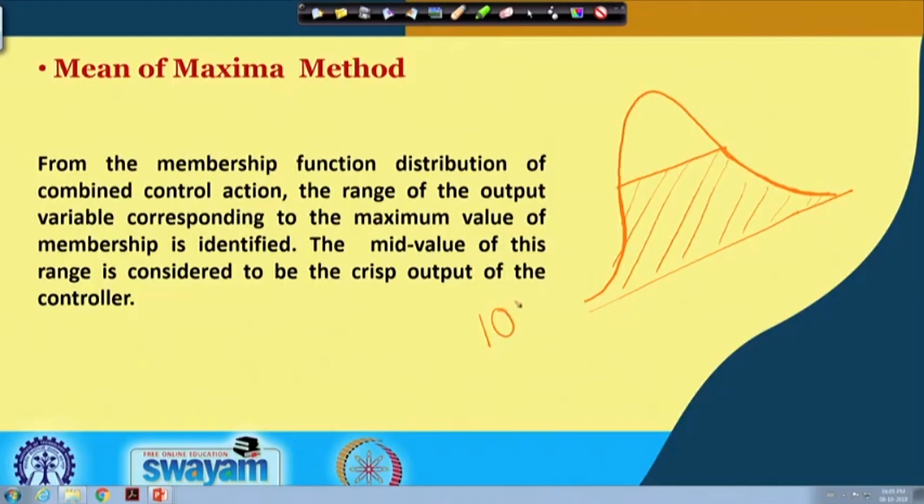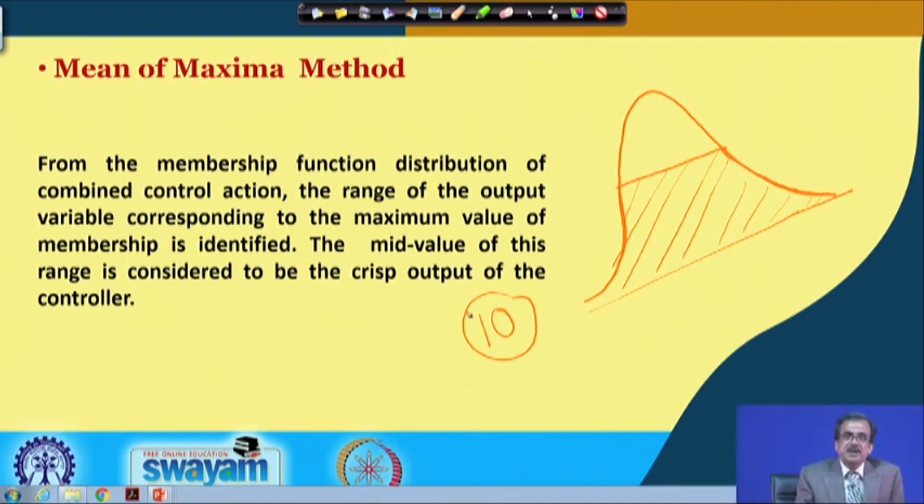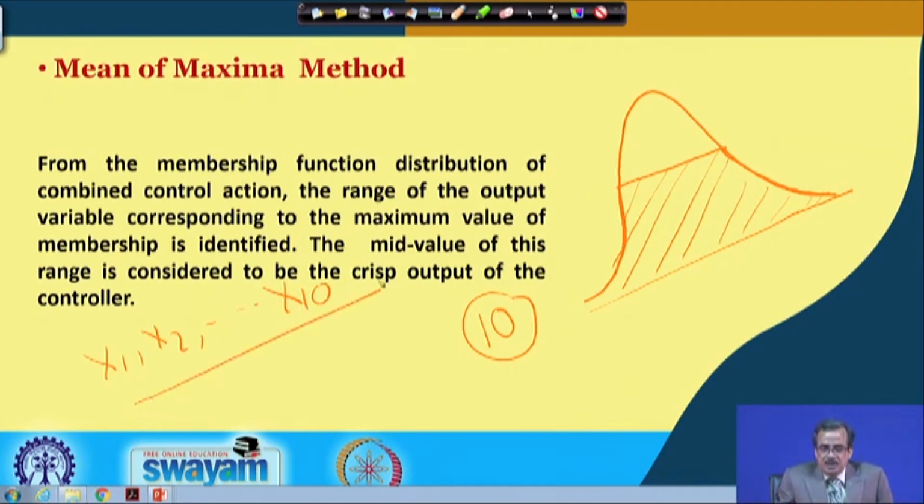These 10 people have joined at a time, and they are coming from 10 different institutes, say x1, x2 up to x10. The institutes are different, but 10 graduate engineers have joined a particular organization. Now, your performance is going to tell you the output.